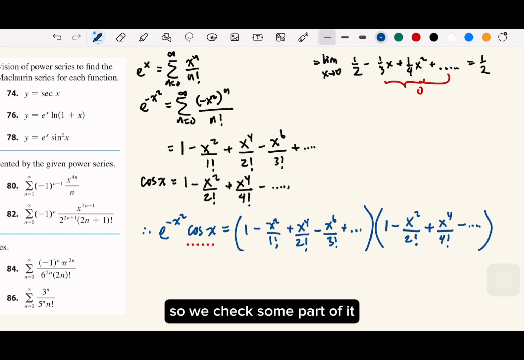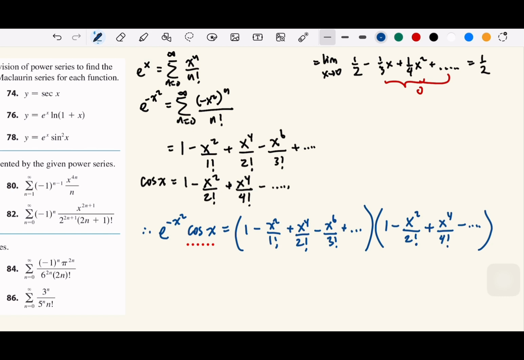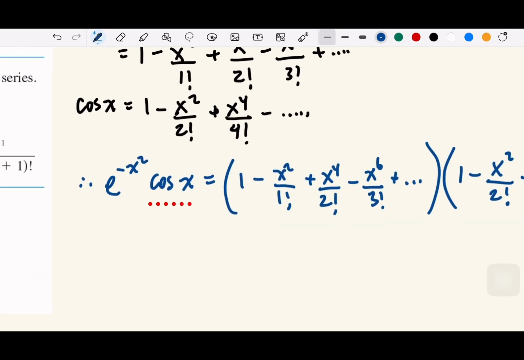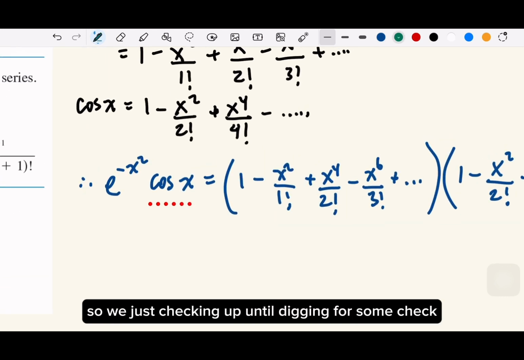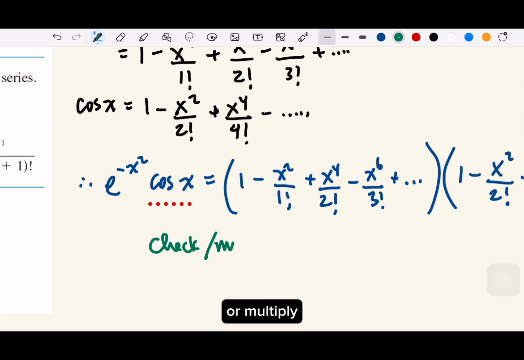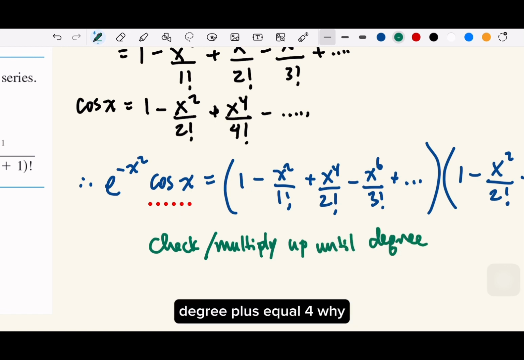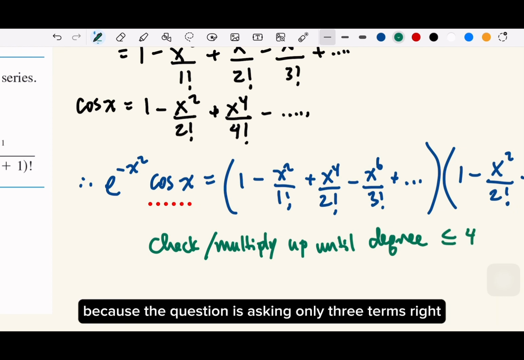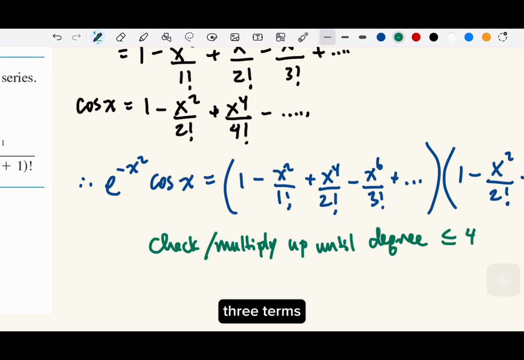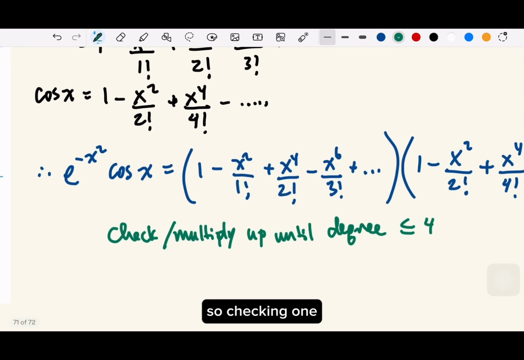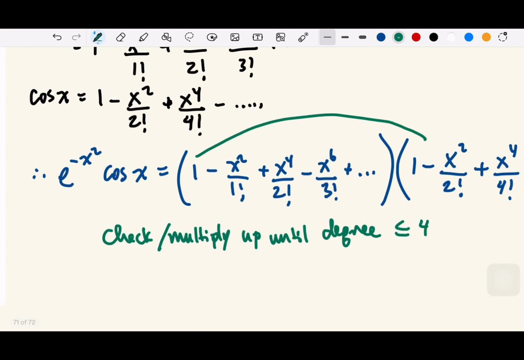So we are expecting the result to have 1, x squared, and x to the power 4. We are just checking up until degree 4, so we multiply up until degree less than or equal to 4. Why? Because the question is asking for only 3 terms, right?